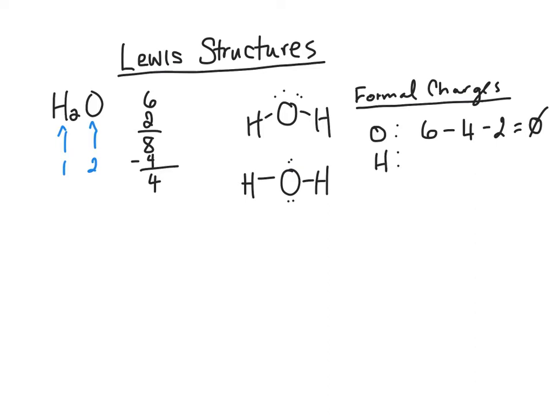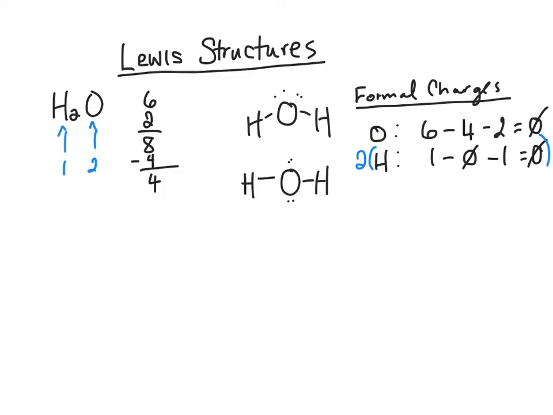Hydrogen. 1 valence electron, no electrons in lone pairs, 1 bond each for a total of 0. Now, because there's 2 hydrogens and they're identical, we would multiply this by 2.